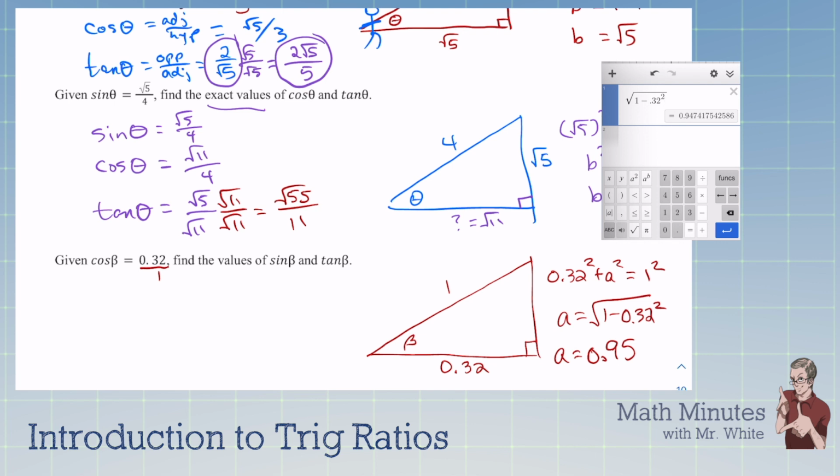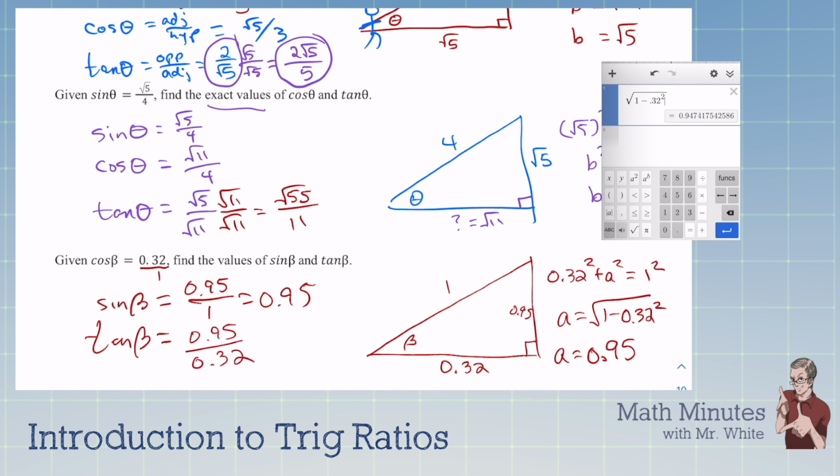Okay, so now we can write our other trig functions. Sine of beta would be the opposite. We just figured out that the opposite is 0.95. So it's 0.95 over 1, which is just 0.95. And then tangent beta would be 0.95 divided by 0.32.